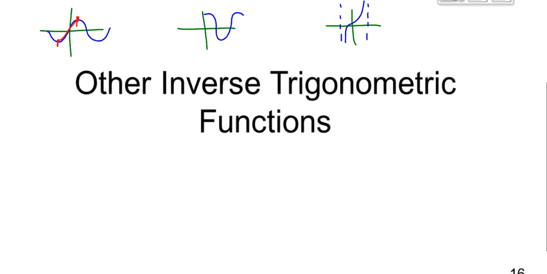Because we could get that from the maximum to the minimum without having any overlap, and it will pass the vertical and horizontal line test. So for cosine, we can start right there at 0, 1, and we can go right down to the bottom. And where am I right there? That's a half of a period. Where am I?